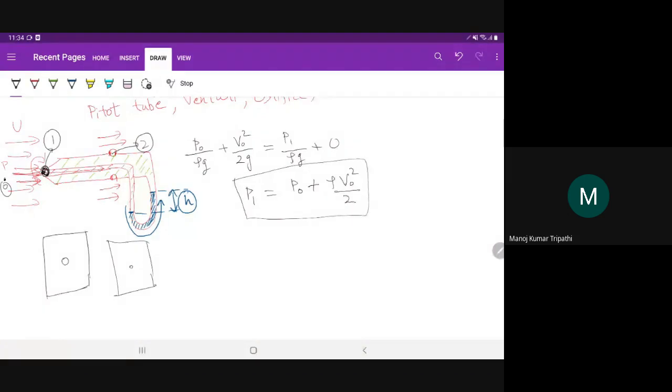So the pressure that you get there is the actual pressure of the air, which is P0. Or what you can do is apply the Bernoulli equation between this point, which is close to 0 because this device is very small. So you can consider this point as also 0.